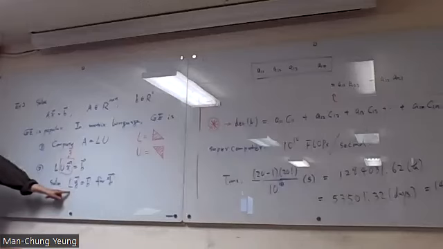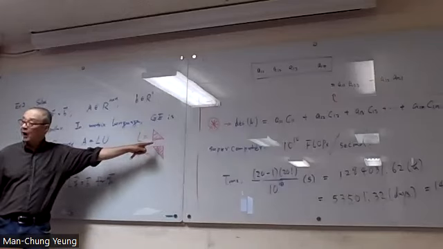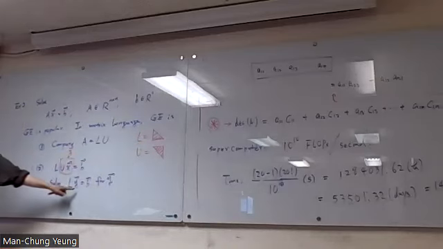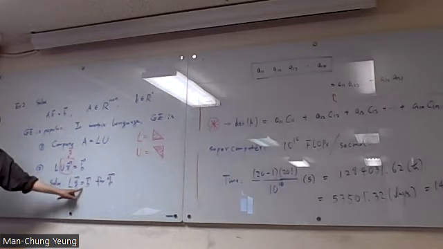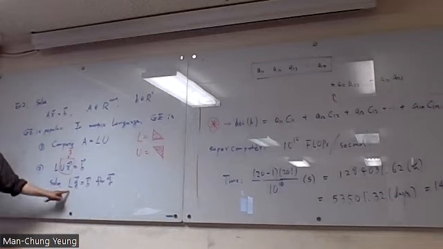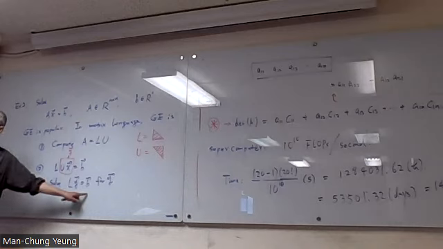Remember, L is a lower triangular matrix. How to solve this linear system? Forward substitution. So this step is cheap.